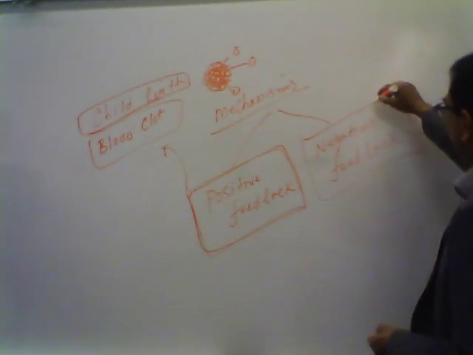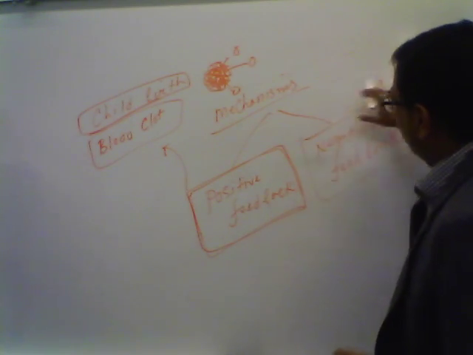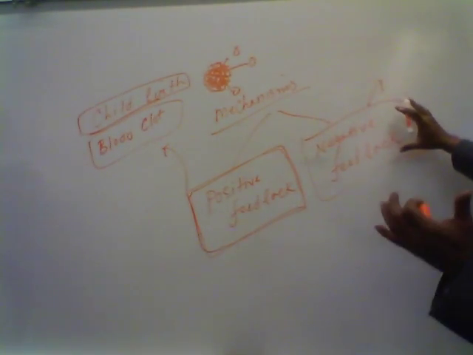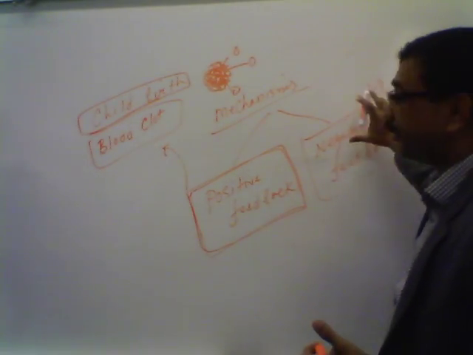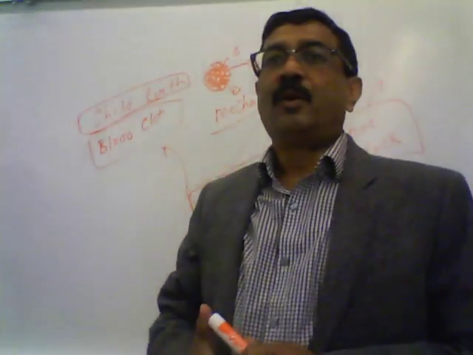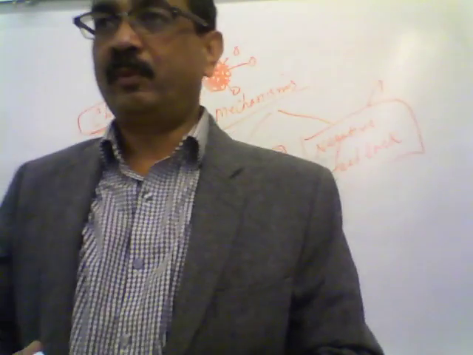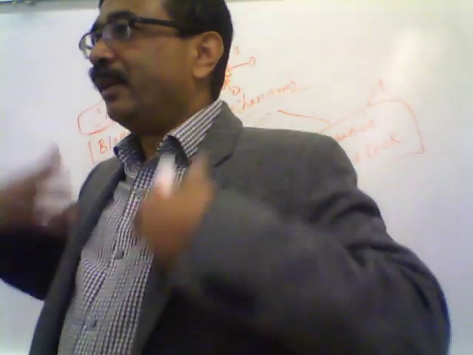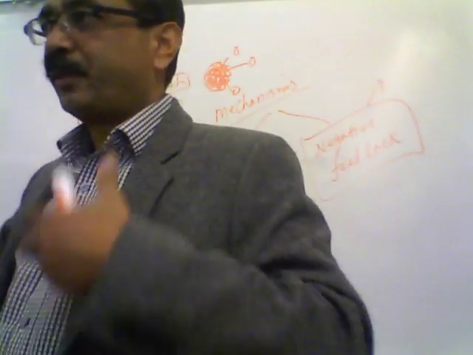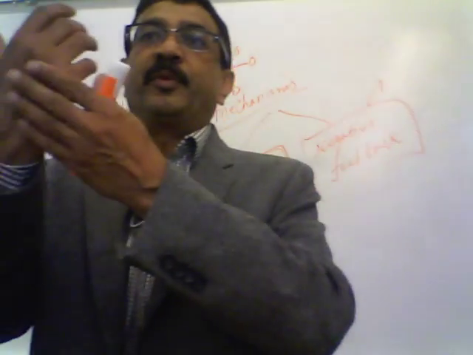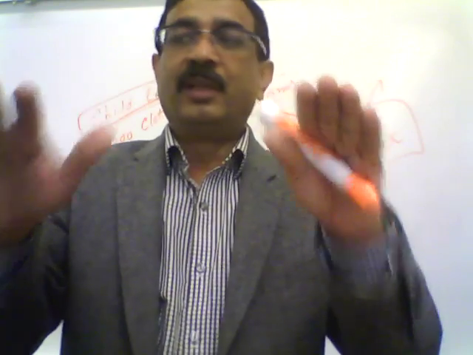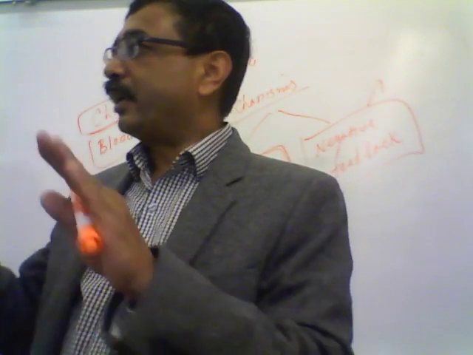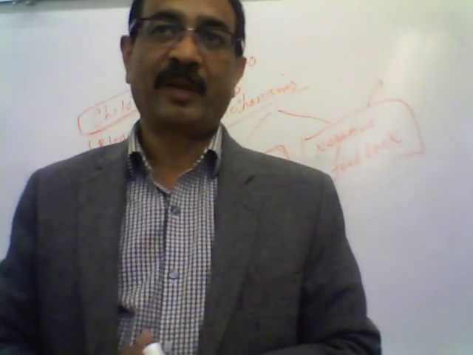Negative feedback, most of the cases, as I have mentioned, remember that homeostasis is maintained by negative feedback mechanism. All those examples I gave you, like if you go on the top of the mountain, your respiratory rate will increase. If your body temperature increases, sweating will occur to lower the body temperature. Okay, all those are the examples of negative feedback mechanism.